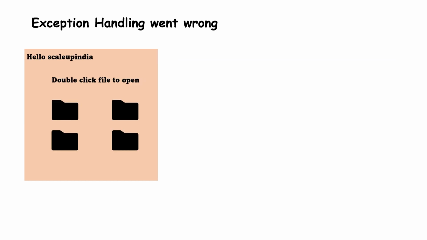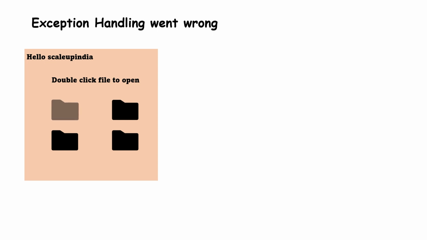Now imagine that somehow Scale Up India was able to log in and the username was found, and then we show different files. So here we are just listing the files and some folders from the database, and then we tell the user that you click on any of the files and then we will show you the contents of the file.